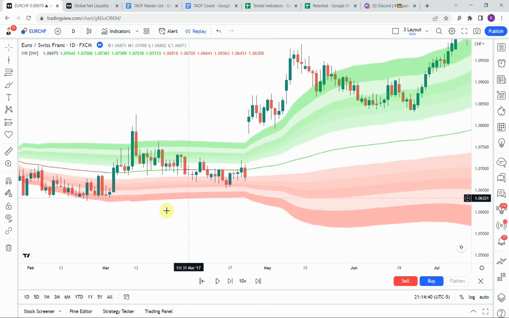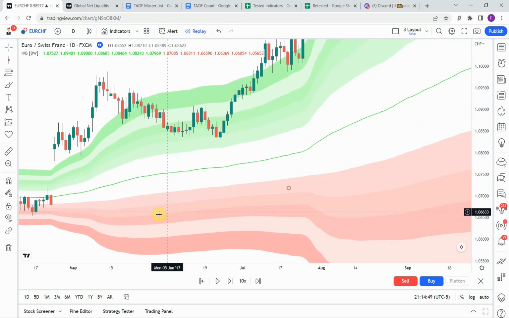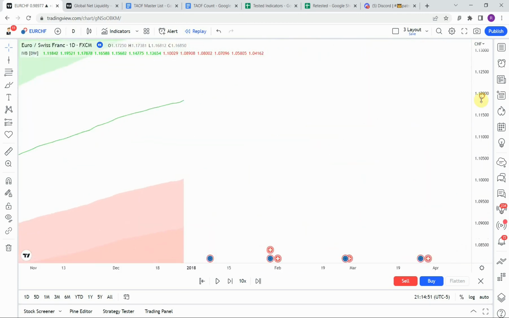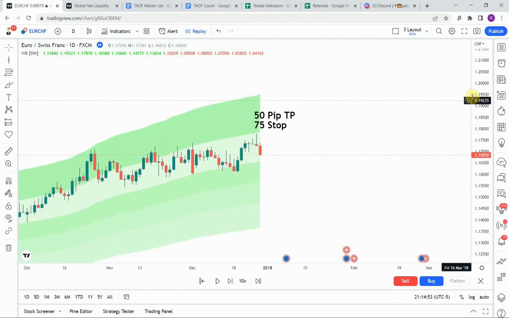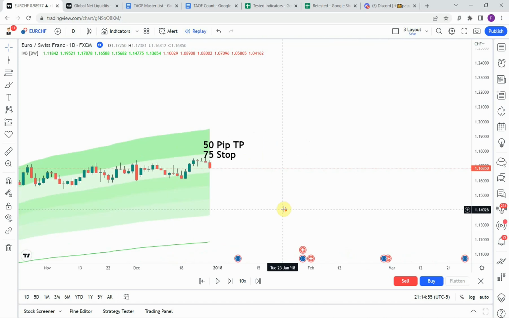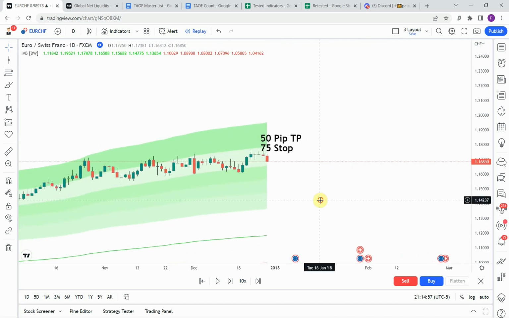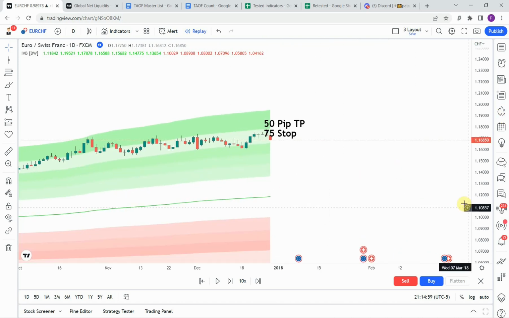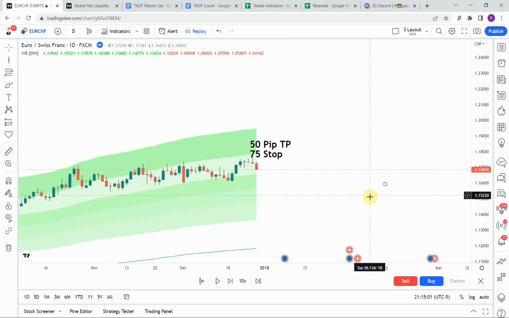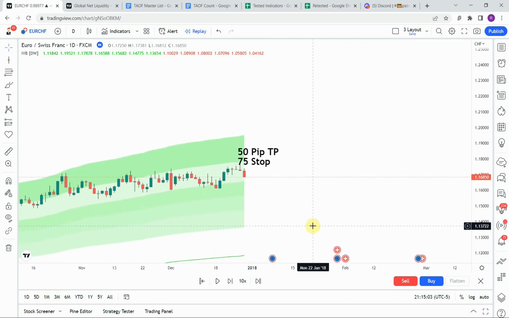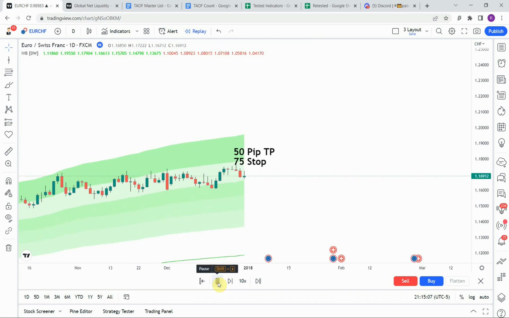Anytime price breaks down into the red zone here and closes into that red zone, that's going to be a signal to go short. So hopefully this will give us a little bit of breathing room, a buffer in between our long and short positions, so we don't end up getting whipsawed so bad in and out of trades. All right, so with all that being said, let's go ahead and play forward and see what we get out of it this way.